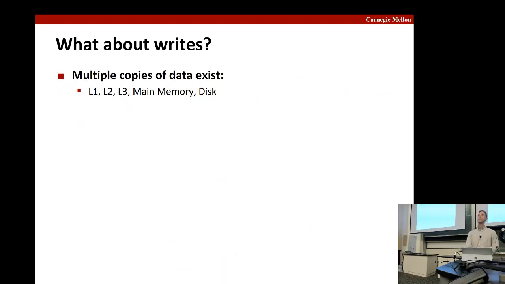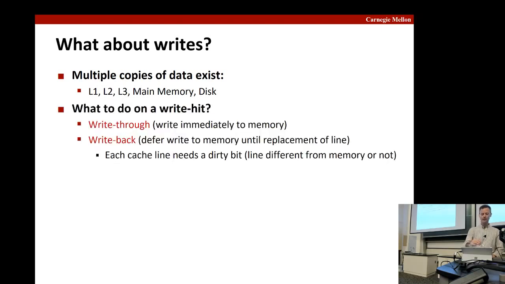Okay, so that was all about reads. The issue with writes is that you're changing the data. You've got these cache copies in the memory hierarchy, and now you're changing them, particularly the L1, which would be the first one changed. If it's a hit to the cache, then there are basically two policies, write through and write back.